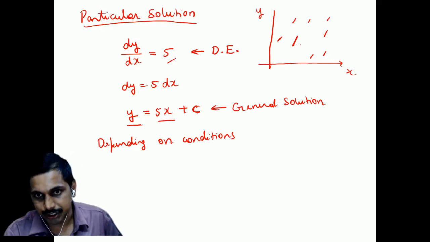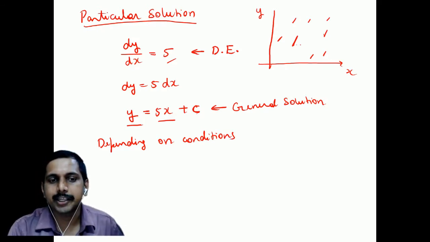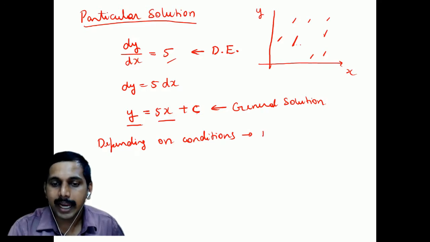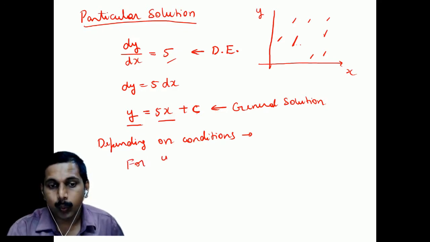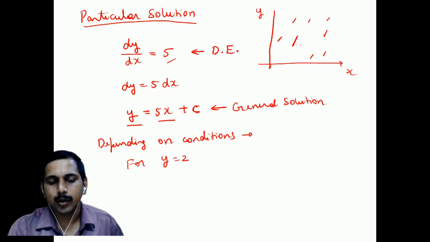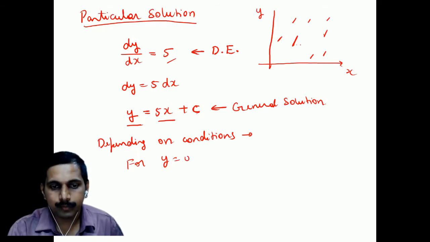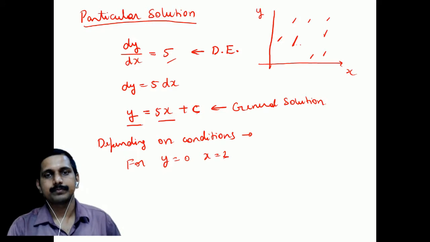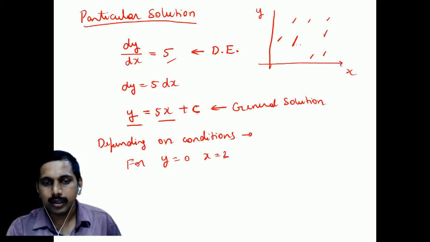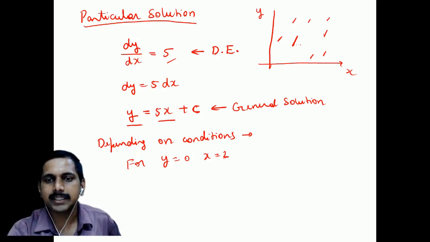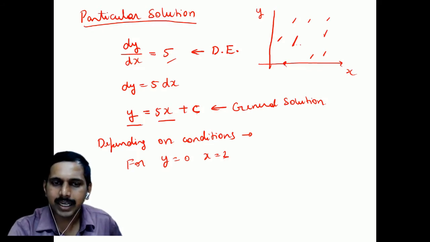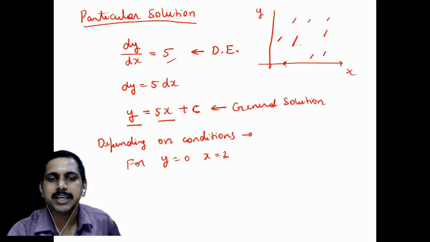I can give a condition that y is equal to 0, x is equal to 2. That means when y is equal to 0, x is equal to 2, I start from here. So I start from this condition and then I go y is equal to 5 times x. This is the slope.